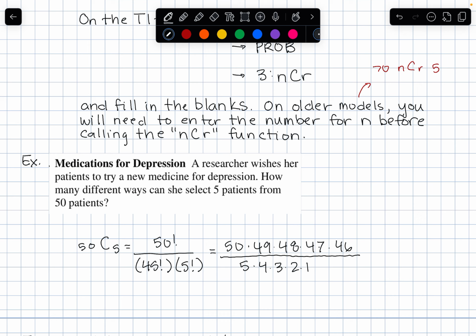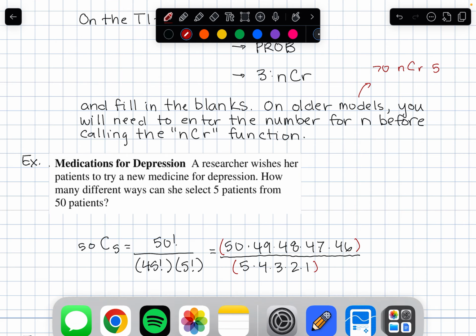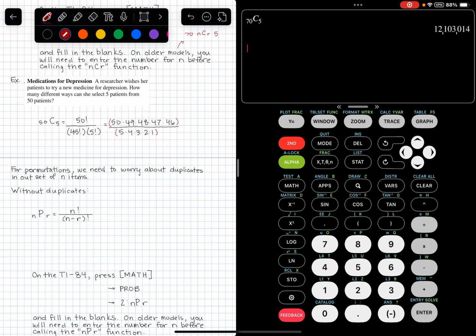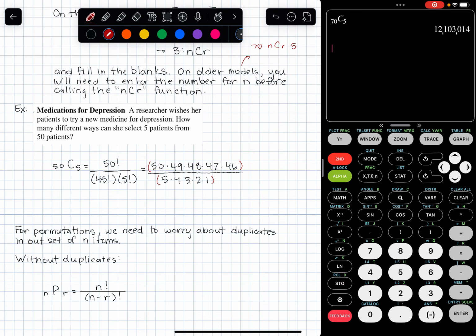If you wanted to do it this way, when you plug it in your calculator, make sure you remember to put parentheses around the top and bottom. I'm going to do that with you so that we can compare both methods. So let's start with manually. Parentheses around the numerator: 50 times 49 times 48 times 47 times 46, divided.